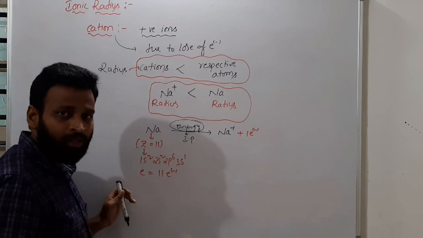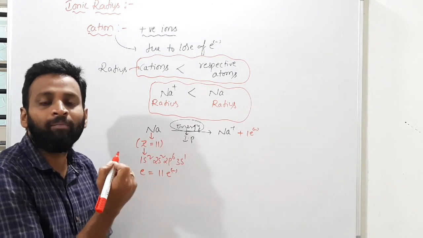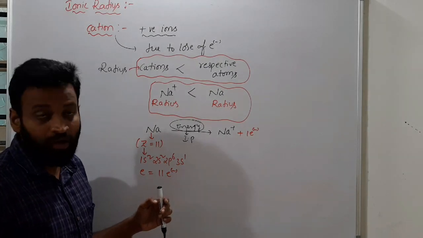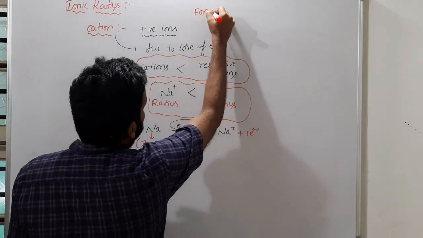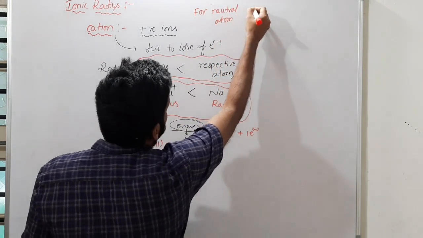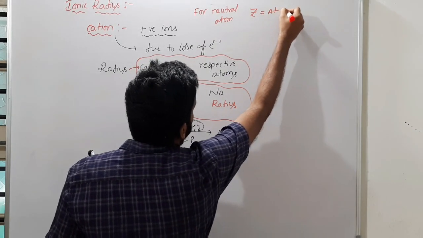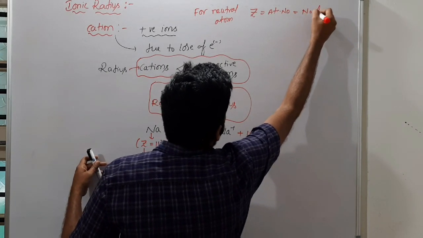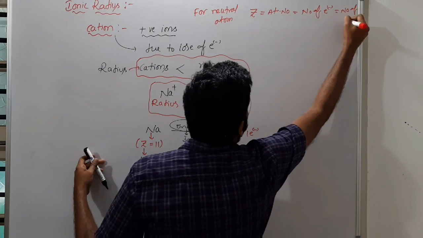I told you, for a neutral atom, atomic number is equal to number of electrons as well as number of protons. For a neutral atom, atomic number Z is equal to number of electrons, which is equal to number of protons.